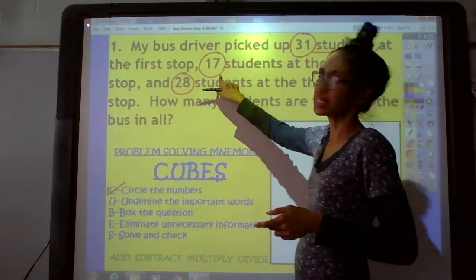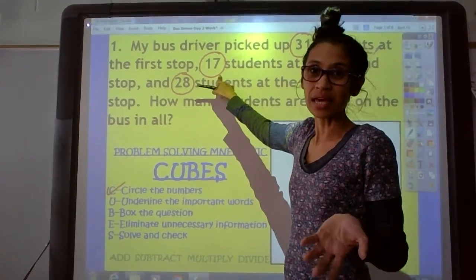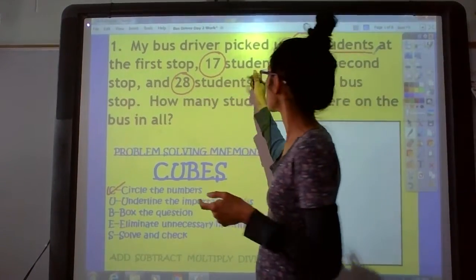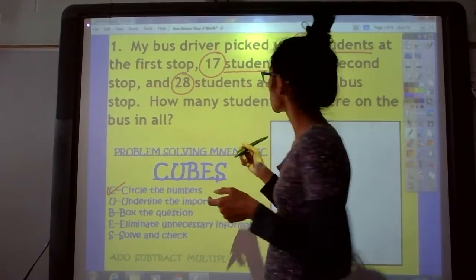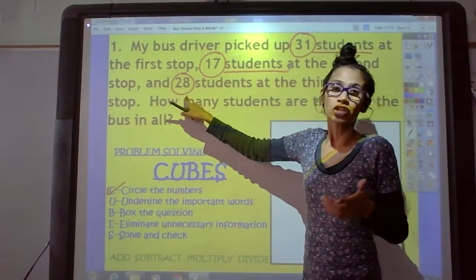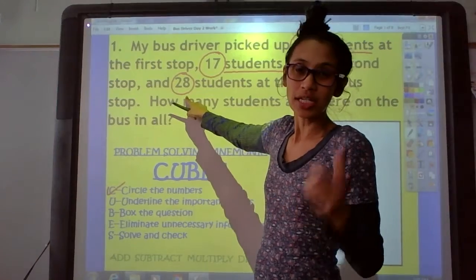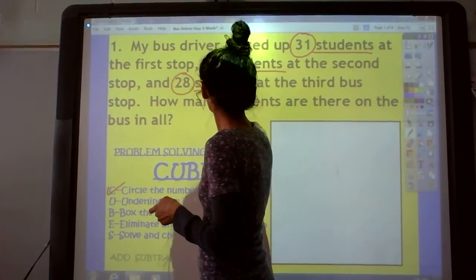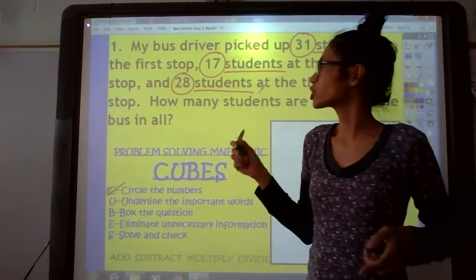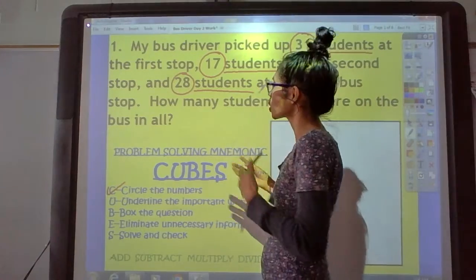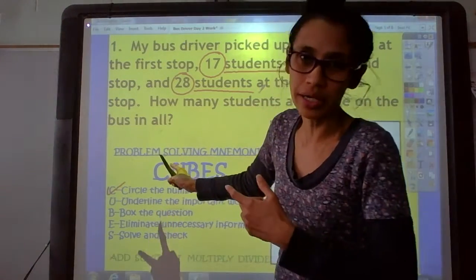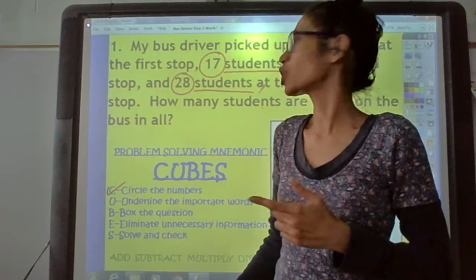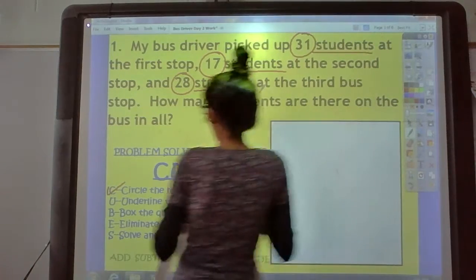What about 17? 17 what? 17 students. What else do you see? 28. And what's the unit? 28 what? Students. What other keywords do you see? Oh, I see a question. And it's in the question. Keyword right there is in all.